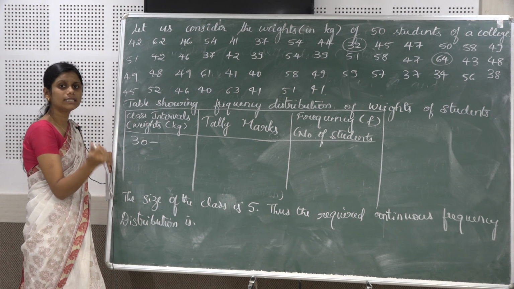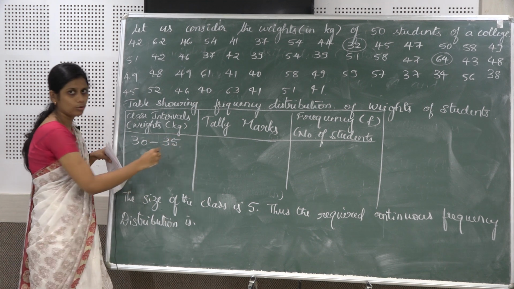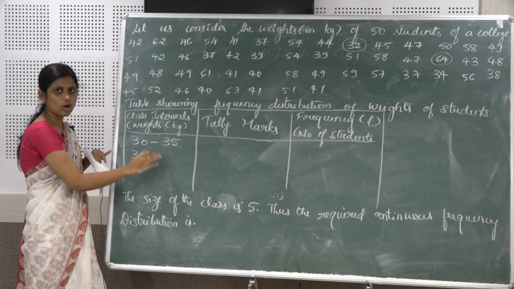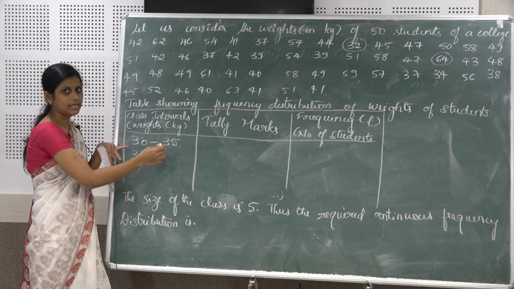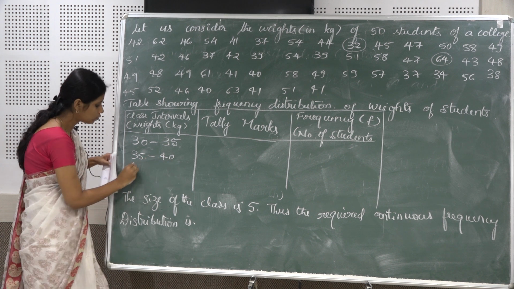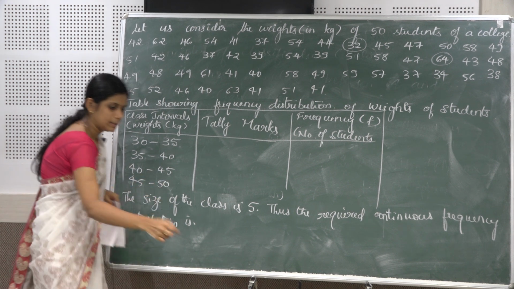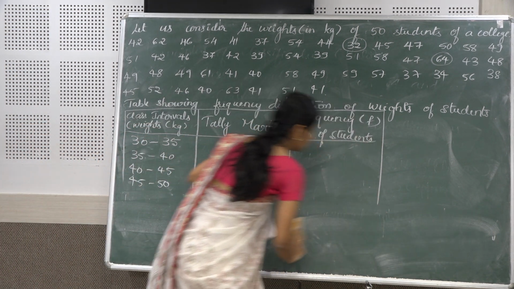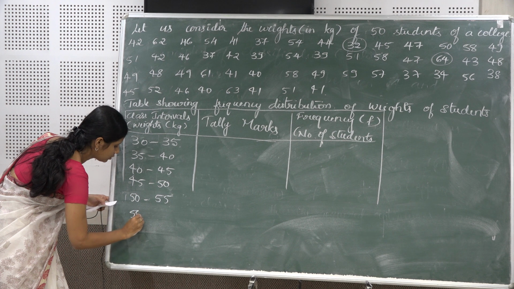So 35 is not included in the first class, it will be included in the next class. 30 to 35, next 35 to 40. 40 will be included in the next class. 40 to 45, next 45 to 50, 50 to 55, 55 to 60.